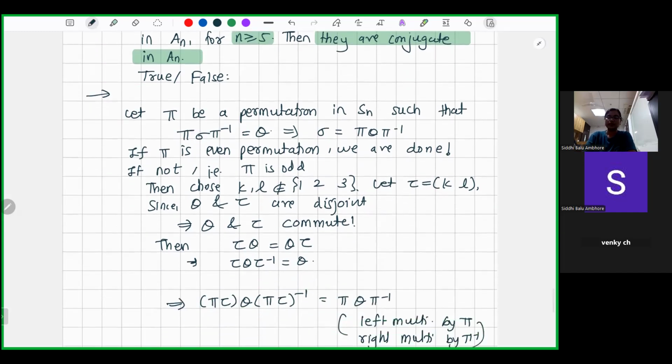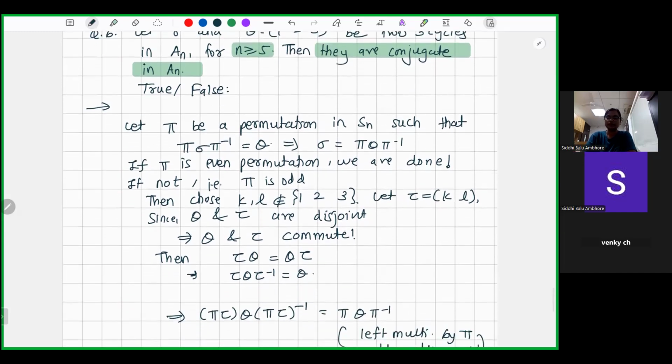So if I find some pi which is an even permutation and such that pi sigma pi inverse is equal to theta, then we are done.